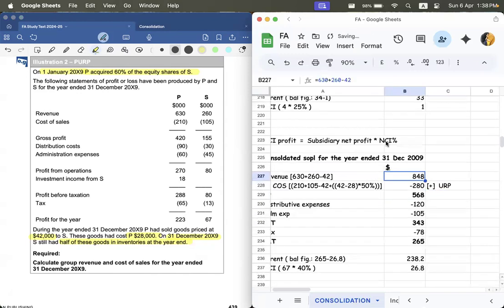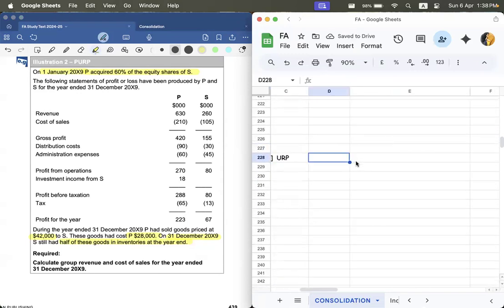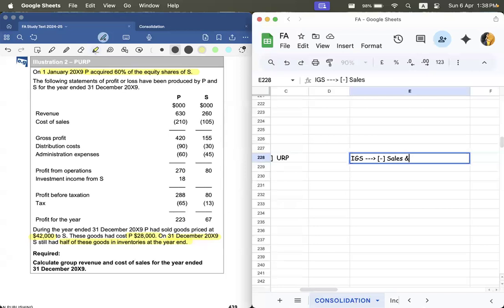I'm going to repeat it again. IGS is deducted from revenue, that is sales, and from cost of sales. And URP is added in cost of sales.